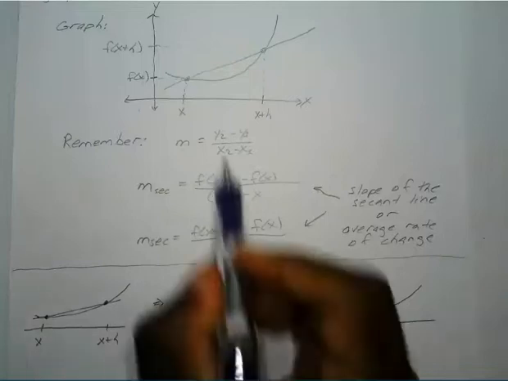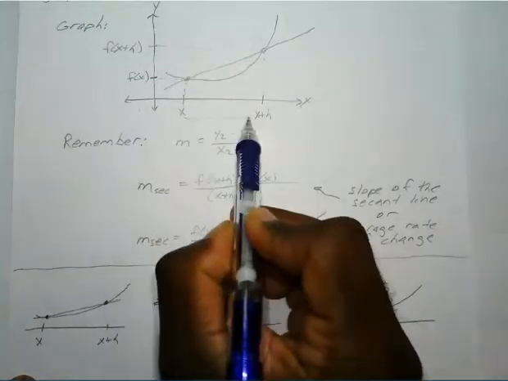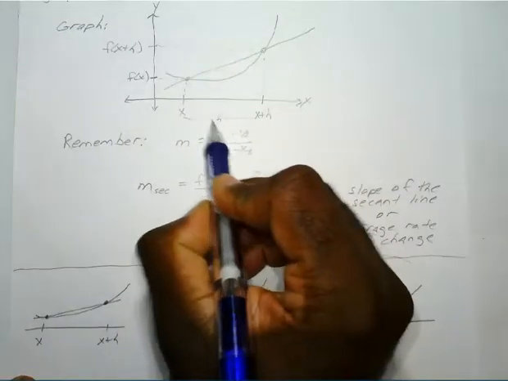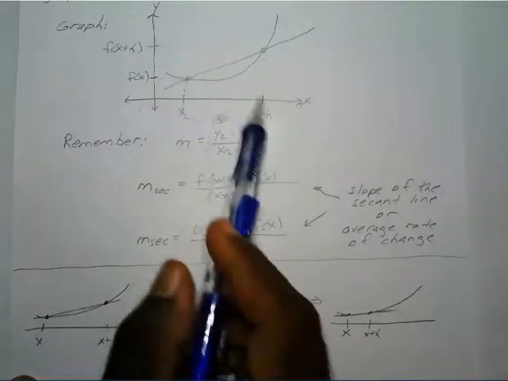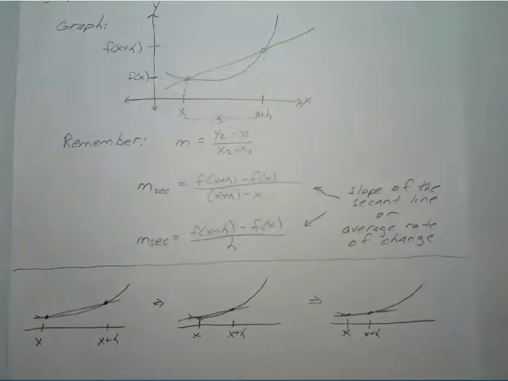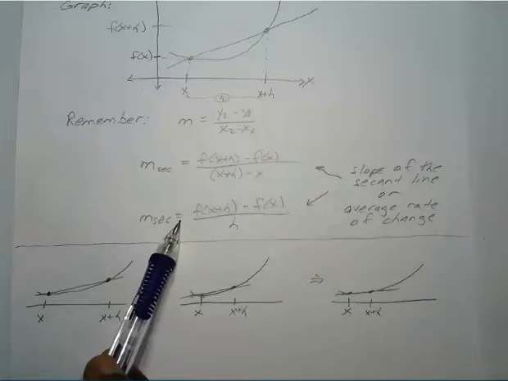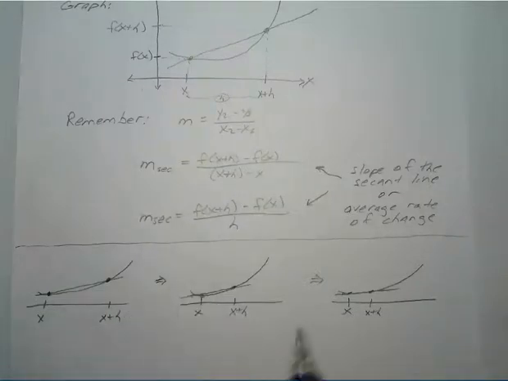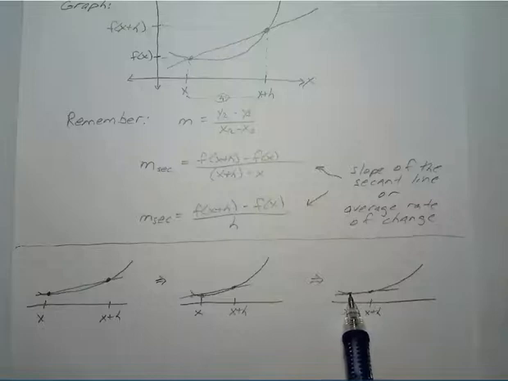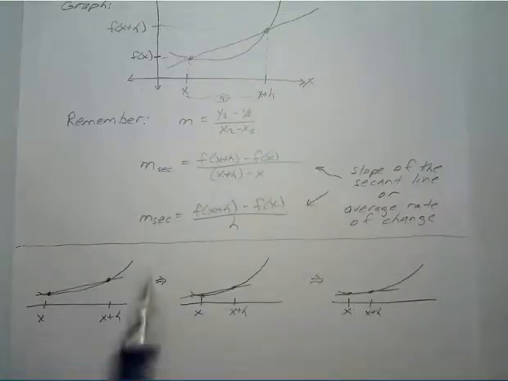In other words, the distance between x and x plus h is h, so h is getting smaller and smaller. As they move closer and closer together, that value will be called our instantaneous rate of change. This is our average rate of change, but our instantaneous rate of change is when x and x plus h are almost on top of each other.